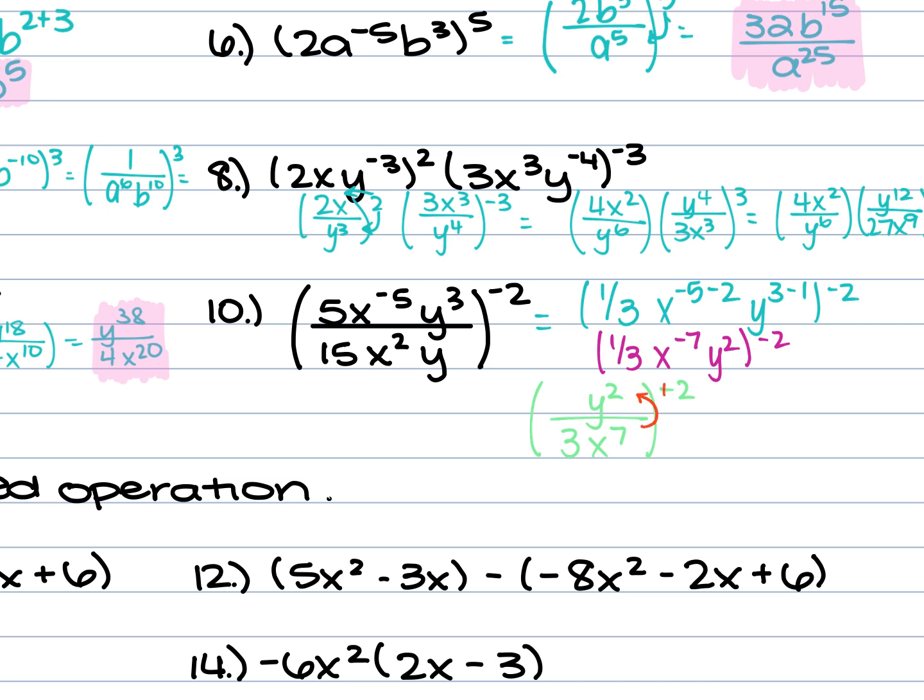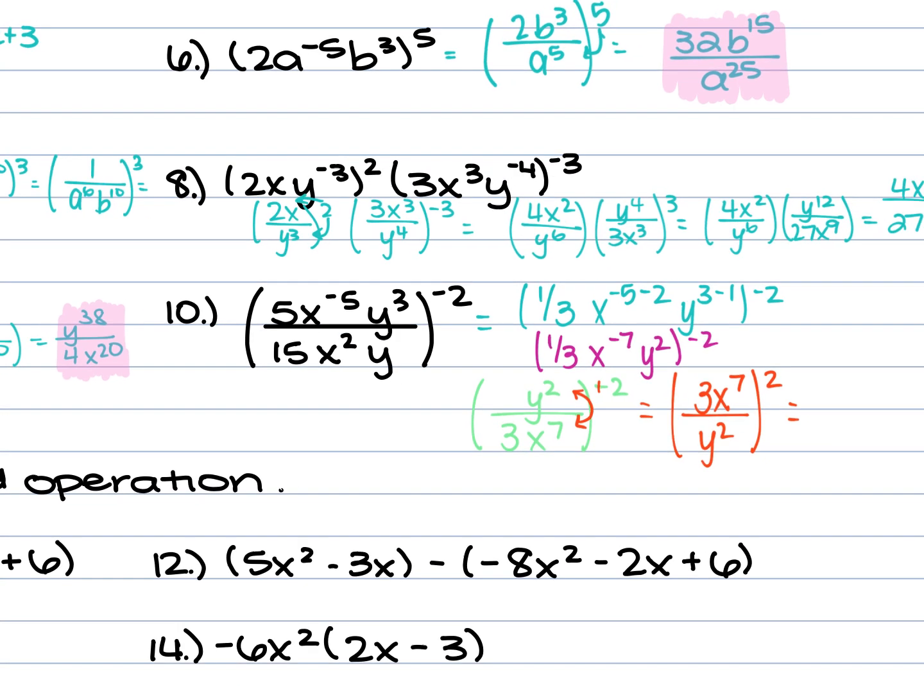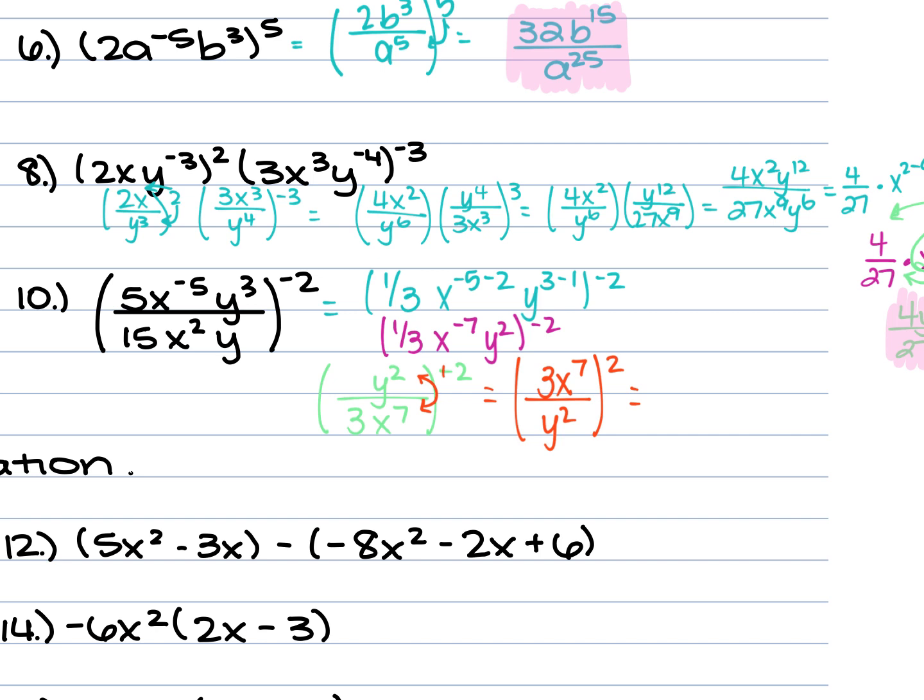So take the reciprocal of that fraction. You're going to have 3x to the seventh power over y squared, all raised to now the positive second power. So we raise each the numerator and the denominator to the power of 2, and this is going to give us 9x to the 14th power over y to the fourth power.